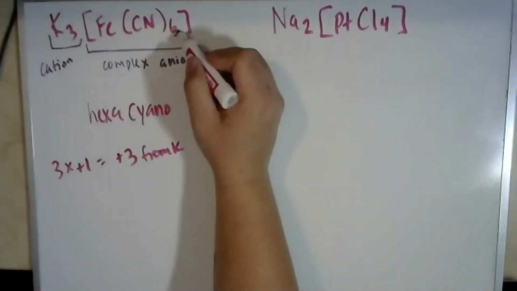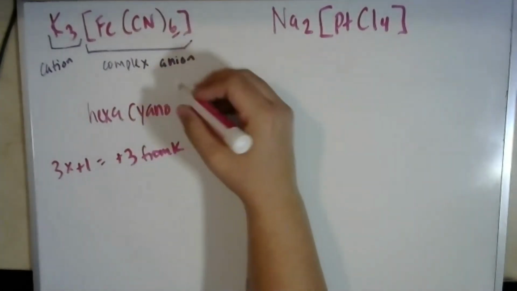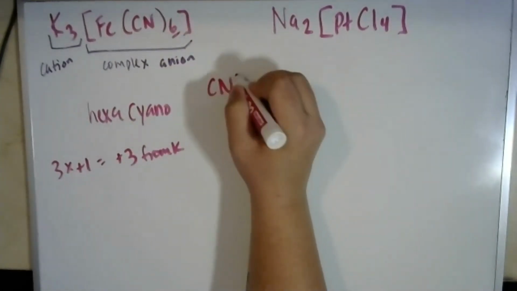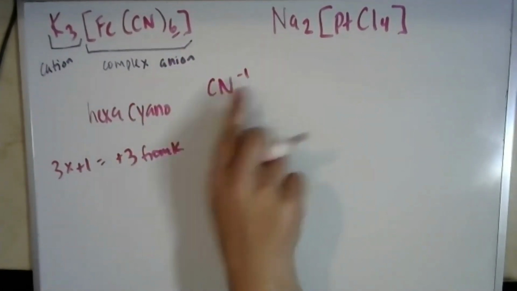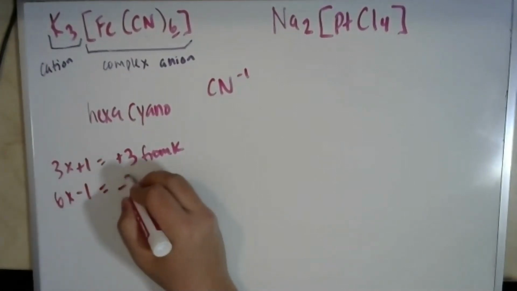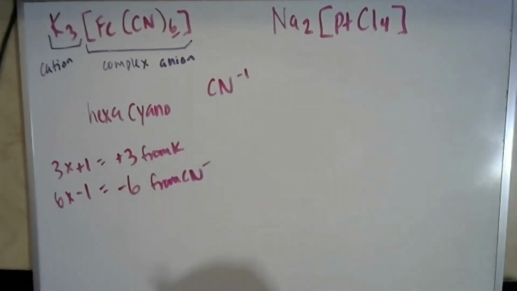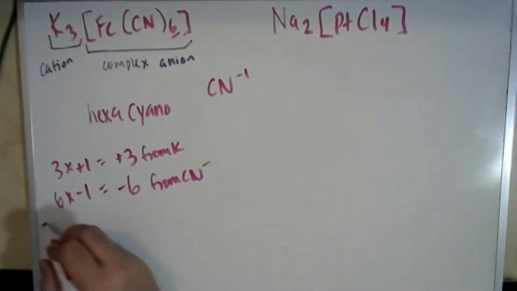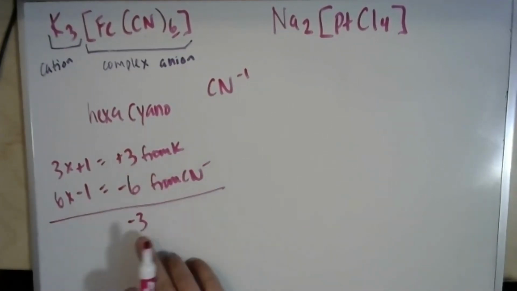You have 6 cyanides. Each cyanide, if you need a little reminder, is CN-. So each cyanide has a negative 1 charge. So we're going to have 6 times negative 1, which will be negative 6 from the CN-. So that leaves me with a negative 3 deficit right now.